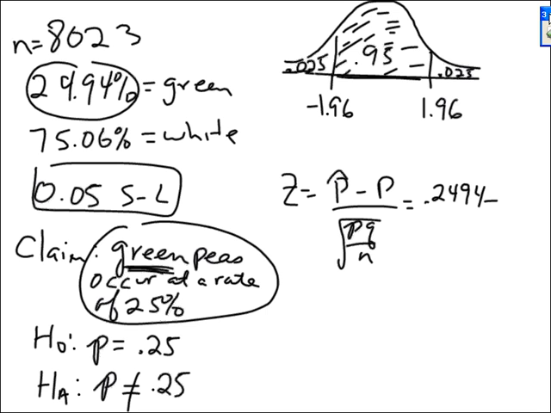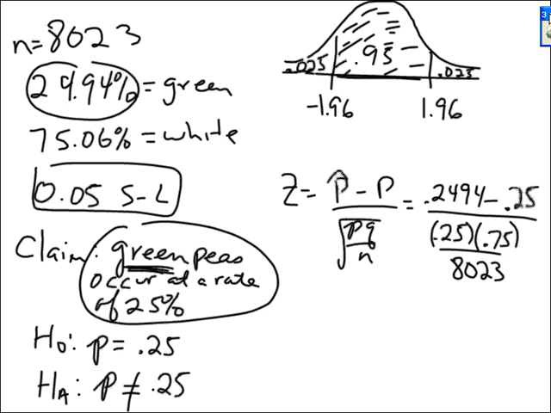0.2494 minus p, which they claim is exactly 25%. And then you divide by p, which is a quarter, 0.25, times q, 1 minus a quarter, 75 cents, 0.75. And you divide this by n, in the top left-hand corner, we have n is 8,023.